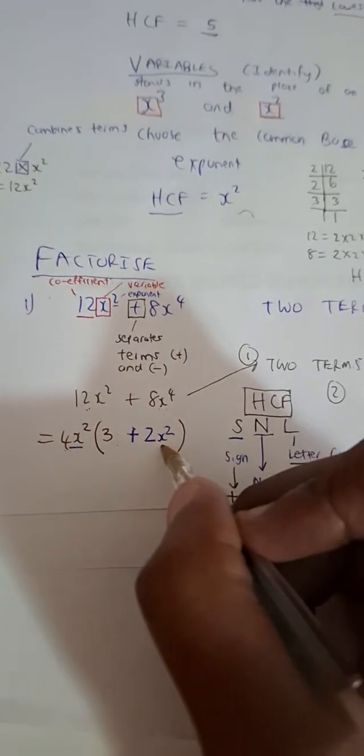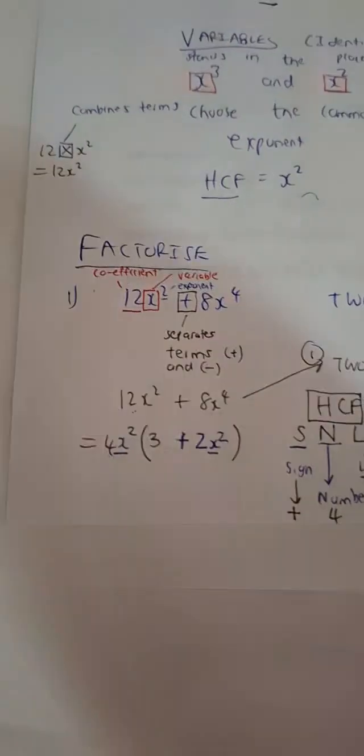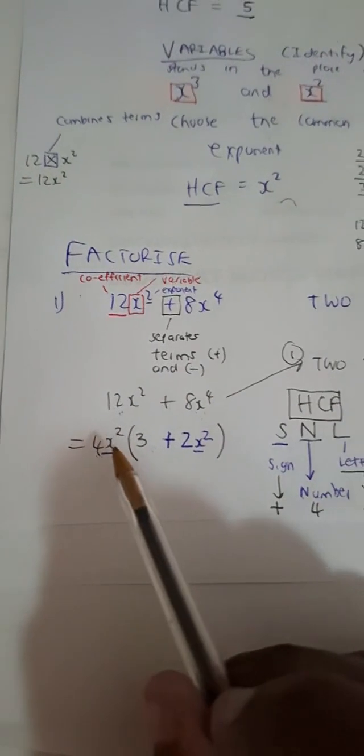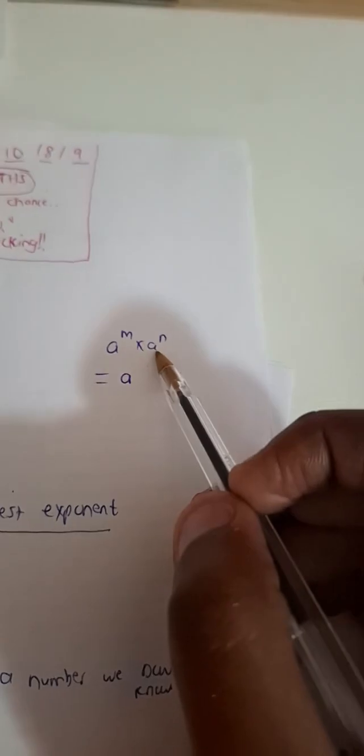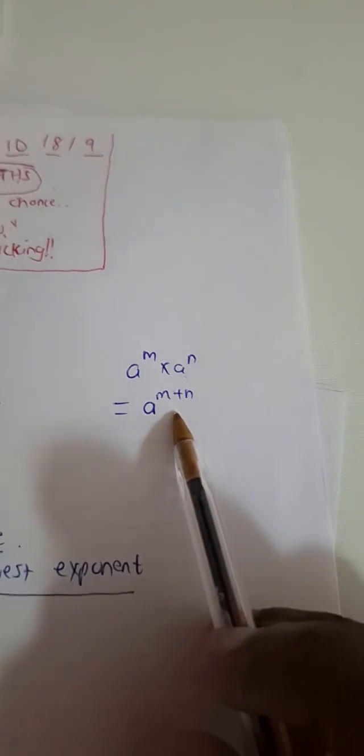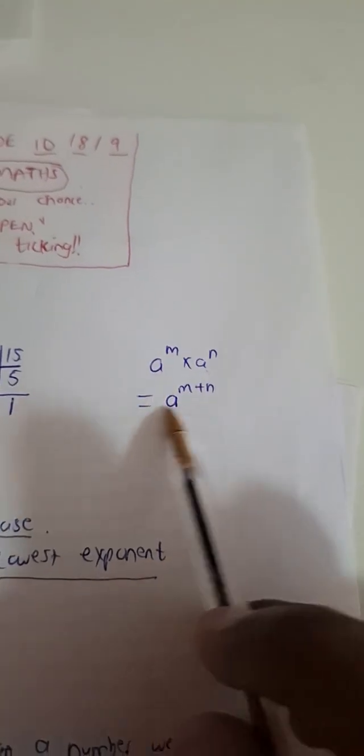Remember, guys, when you did laws of exponents, what is the rule when we are multiplying same bases? The rule says that when we are multiplying same bases for exponents, we keep the base and we then add the exponents.